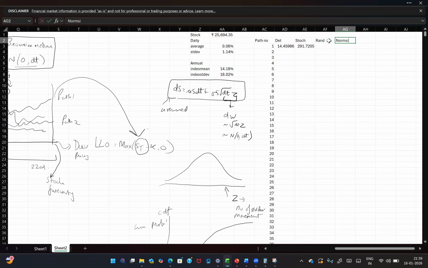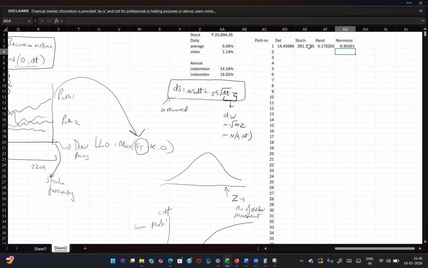I'm just going to show you how to do it first. Rand is just using the rand function. It generates a value between 0 and 1. And then NORM.S.INV is going to invert it and give us the Z value. So if 0.17 is the cumulative probability, the Z value is minus 0.95, or close to one negative standard deviation movement.